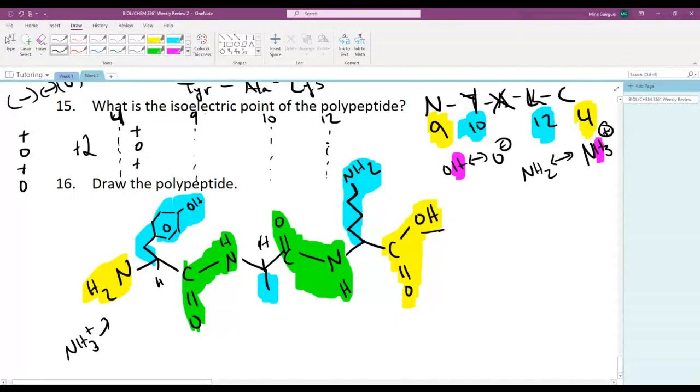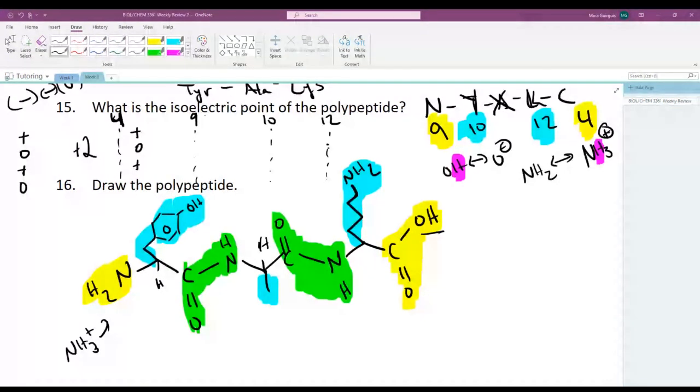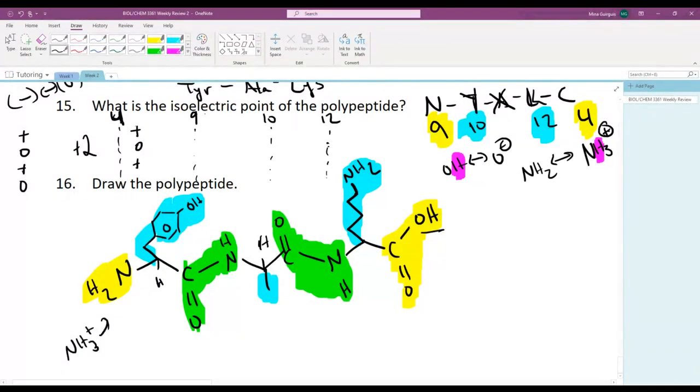Okay? How did the carboxylic acid change? It lost its proton, so it took on a negative charge. Okay, I'm going to assume you guys knew that, but just didn't want to type it.